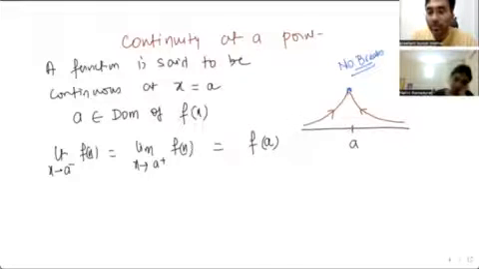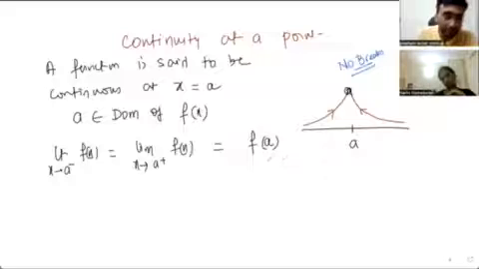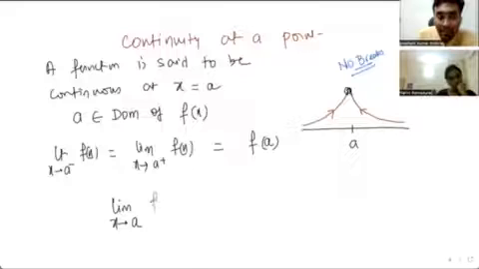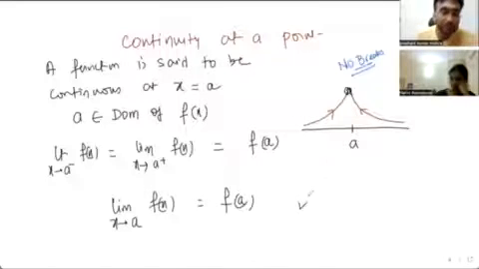All the values will be equal at that point. Simply, we can say the limit as x tends to a of f(x) equals f(a).